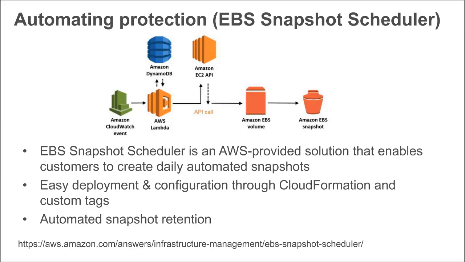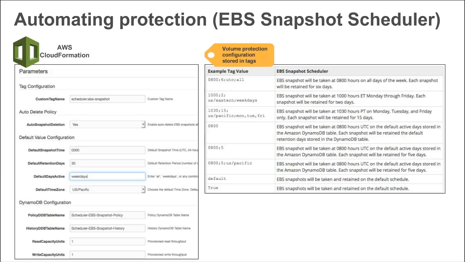So within this CloudFormation template, you design and define different parameter values. If you automatically want to delete snapshots based on retention day value, you would set that up within the template. You also set up the default snapshot time. Now, these values can also be overridden by values that you include in a tag.